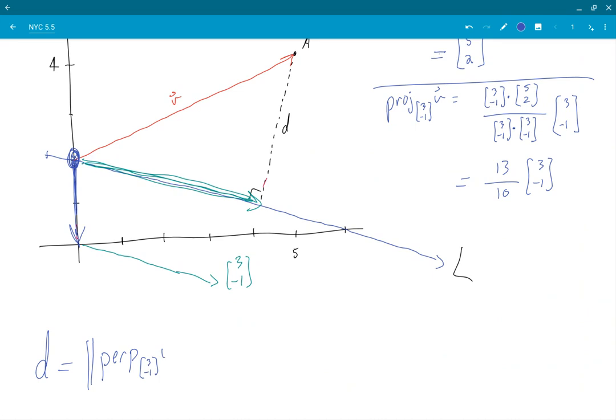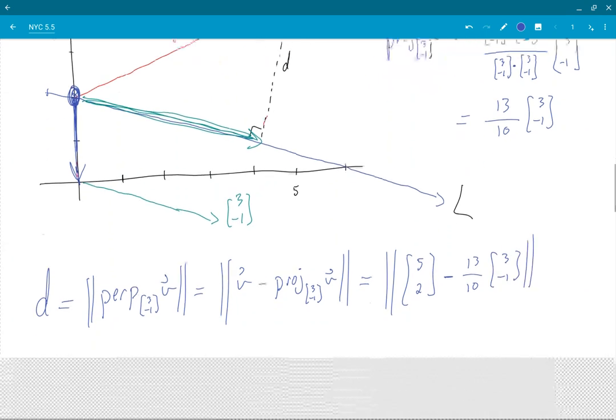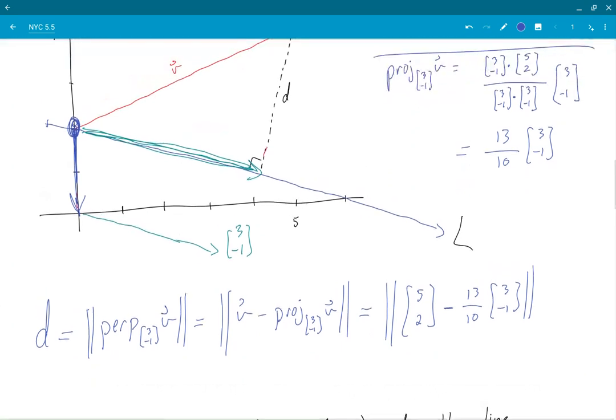Perp of V onto 3, negative 1, which is the length of V minus the projection onto 3, negative 1 of V. And V was 5, 2, minus 13/10 times 3, negative 1. Oh, forgot my length signs. And we get something unpleasant, right?